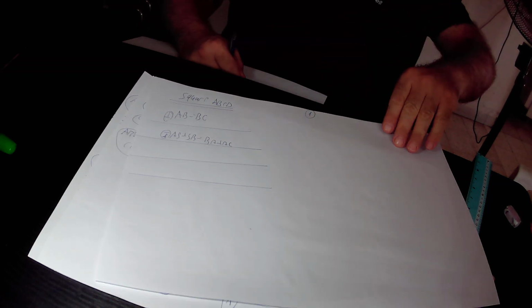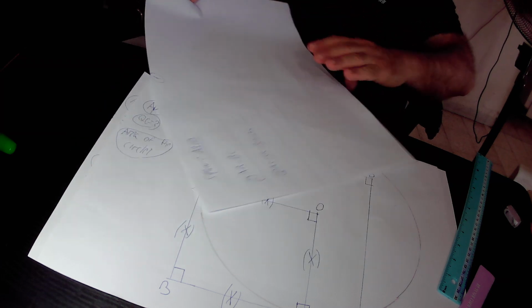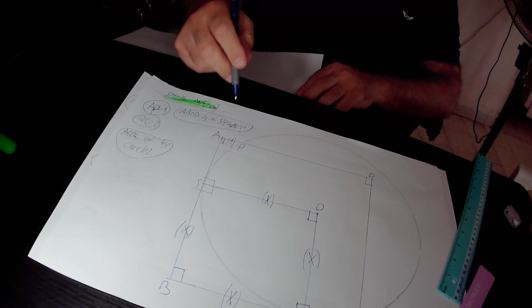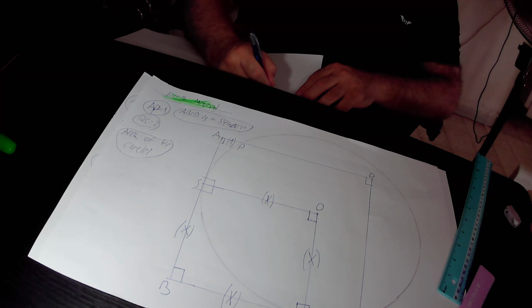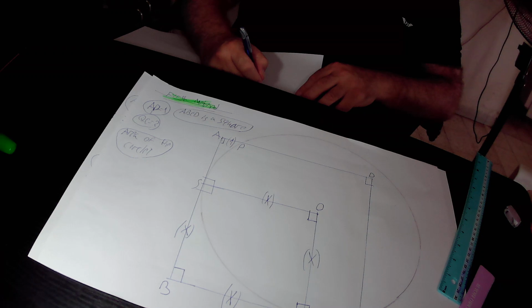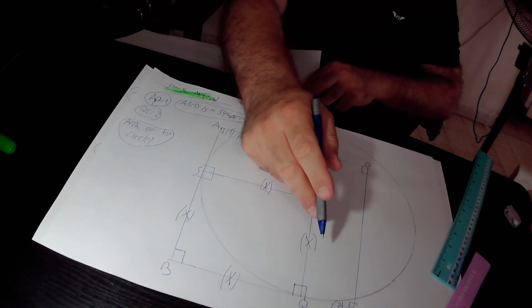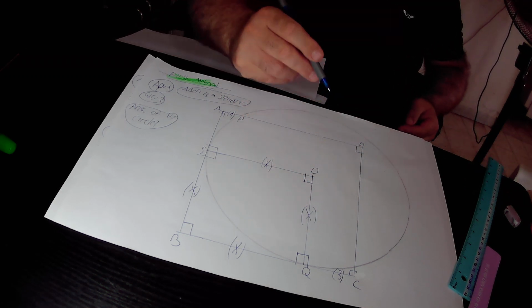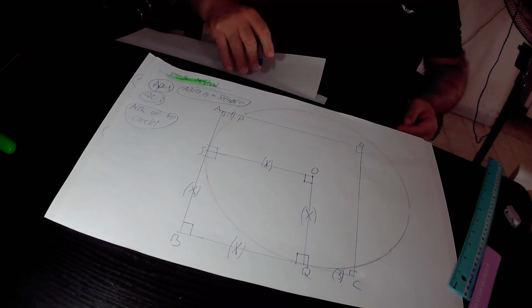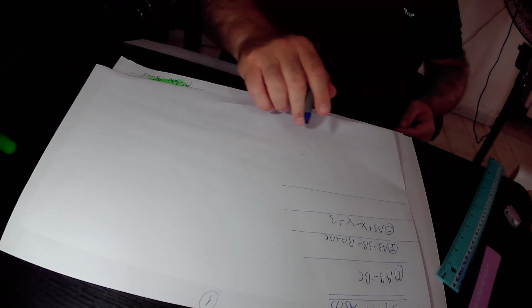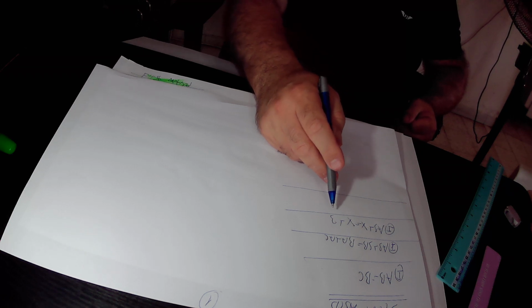AS is the missing side, so we leave it as it is, plus SB. SB is X. And this equals BQ. BQ is also X, plus QC. QC equals 3 units in length according to what is given in the question. In total, according to equation 1, AS plus X equals X plus 3.